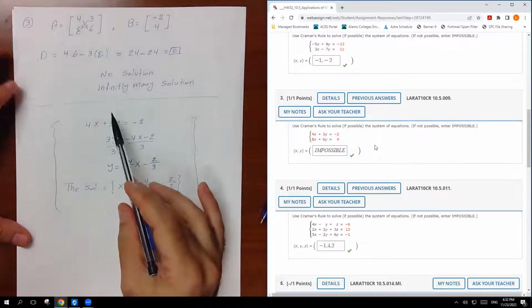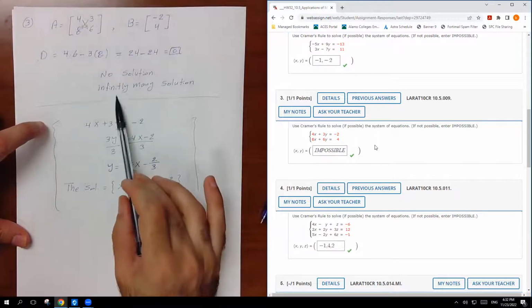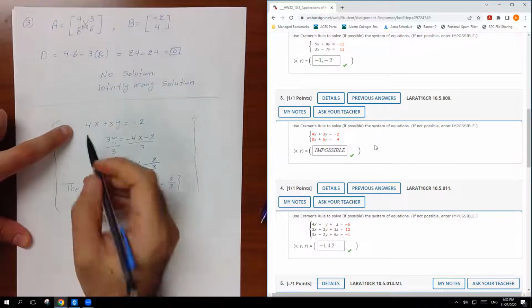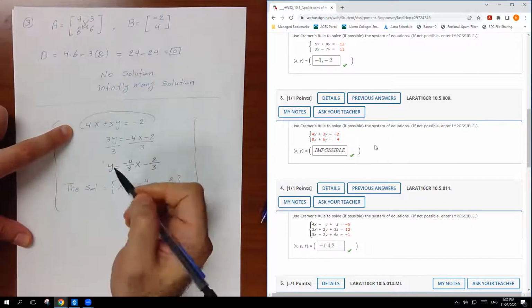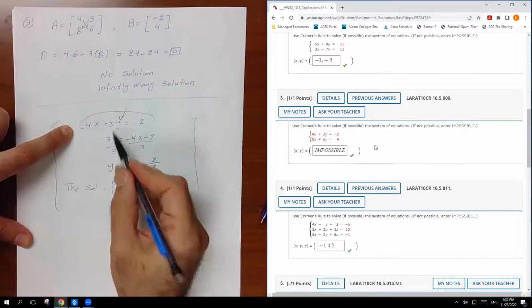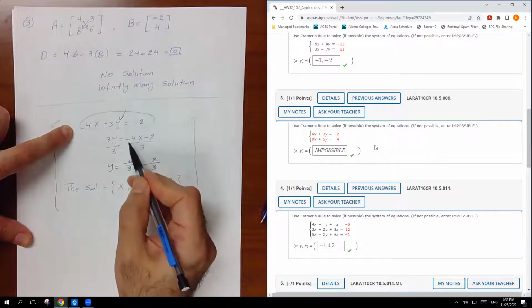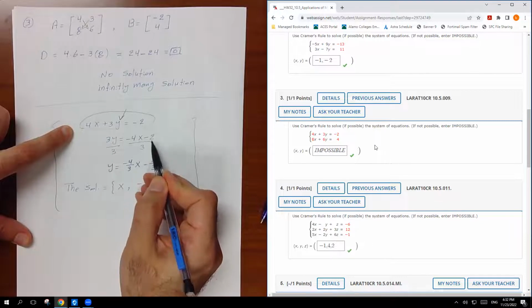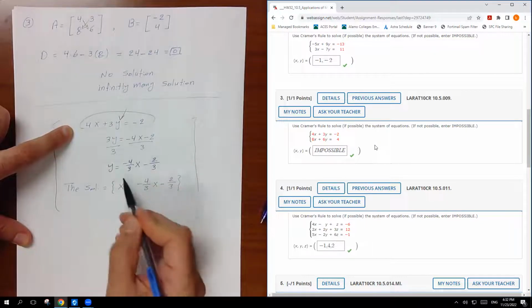But to find the solution, because we have infinitely many solutions, I'm going to write down the first equation and try to solve this one with respect to y. So I'm going to keep the y, move the x to the other side, so -4x minus 2. Then divide both sides by 3. So here is the solution.